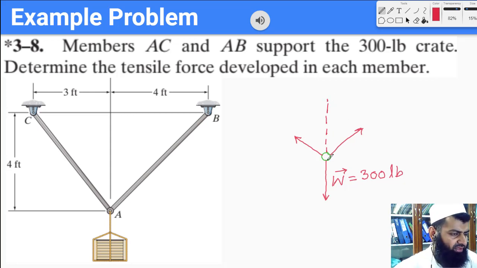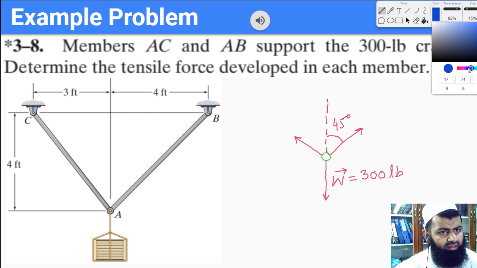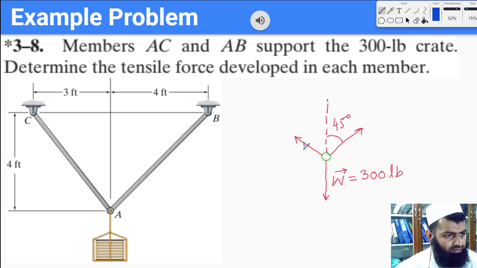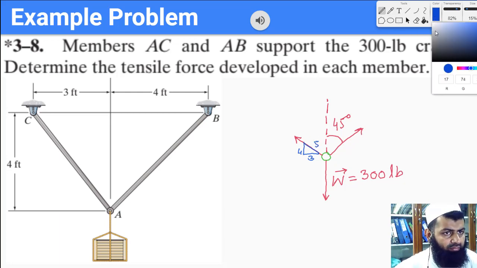For the directions, we need some angles to be able to make our calculations. We know that this angle is 45 degrees, again because this is 4 feet and this is 4 feet. However, this other angle we can determine using the triangle like before. So we know that this side is 3, this is 4, and this is 5. Now I have to name my forces.